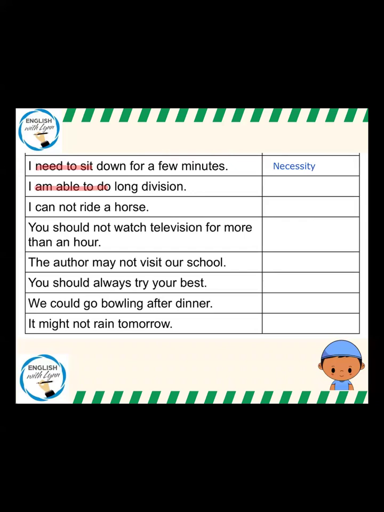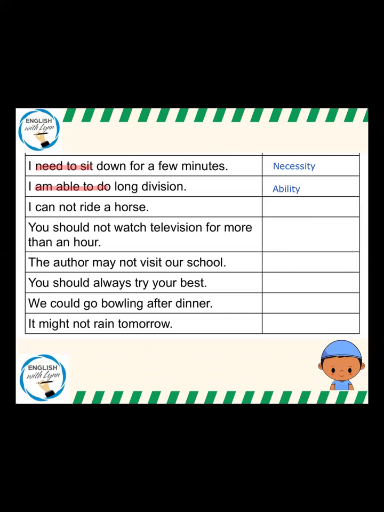So far we have looked at the positives, but we can also change them into the negative. When we are talking about "I cannot ride a horse," we're also talking about my ability, but it is a negative ability because I'm not able to do it. What we have done here is add in the negative part of it.